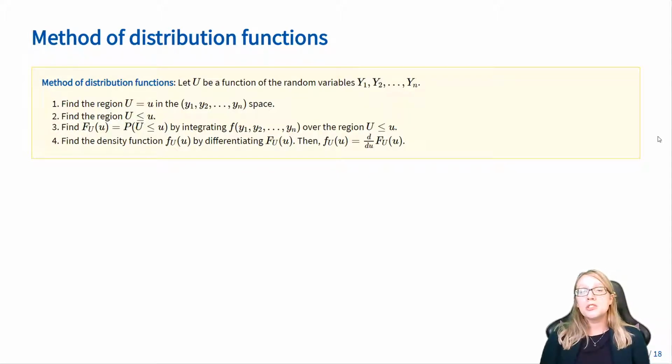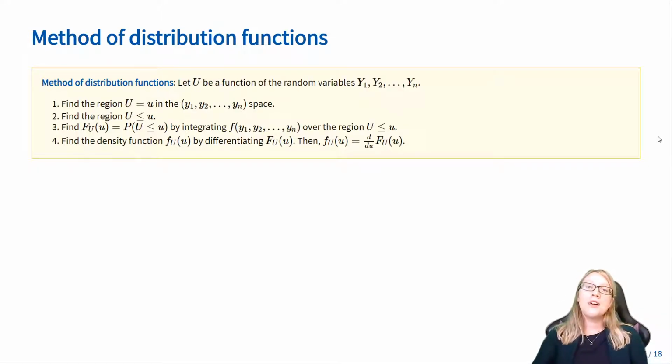Here's how the method of distribution functions works. We'll let u be a function of the random variables y1 through yn. First, we'll find the region in the u space that corresponds to the y1 through yn space. So what does u equal little u translate to in terms of the y's? We'll then figure out what region corresponds to u less than or equal to little u.